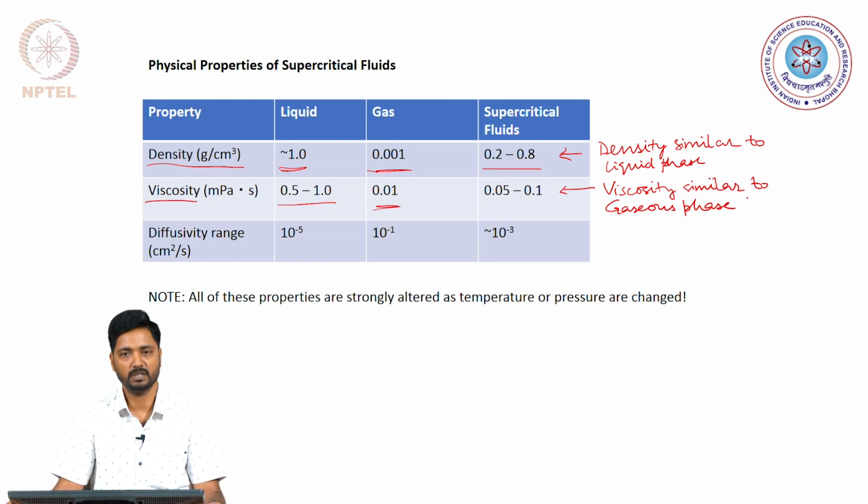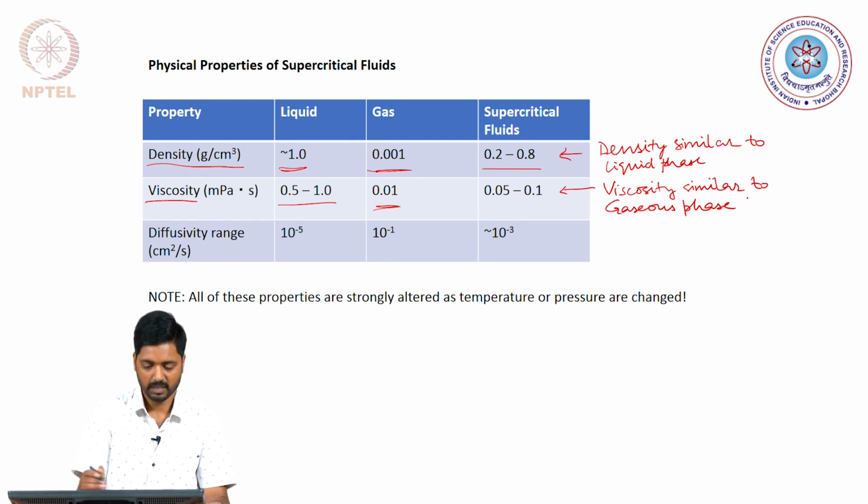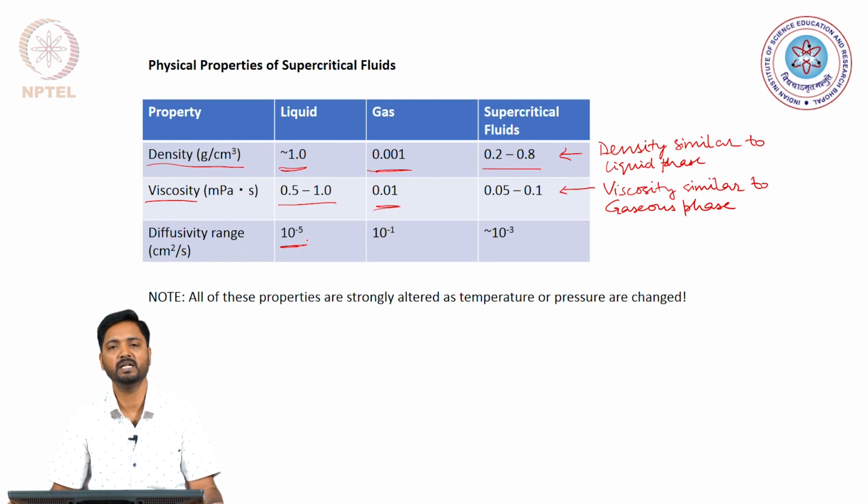And finally, if we talk about the diffusivity range or the diffusion coefficient of materials in their 3 different states. In the liquid state, the diffusivity is quite low, and that is again because the material is quite dense and the molecules are interacting with each other.